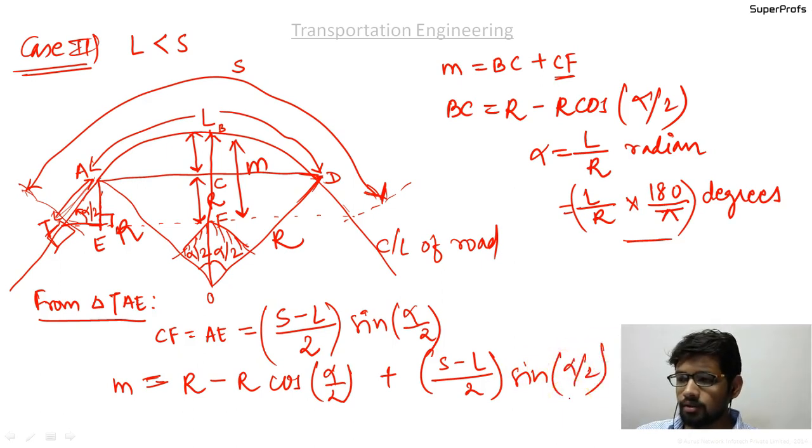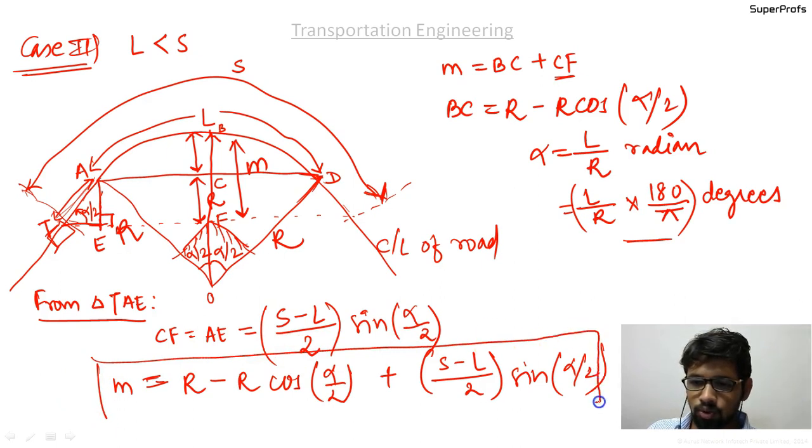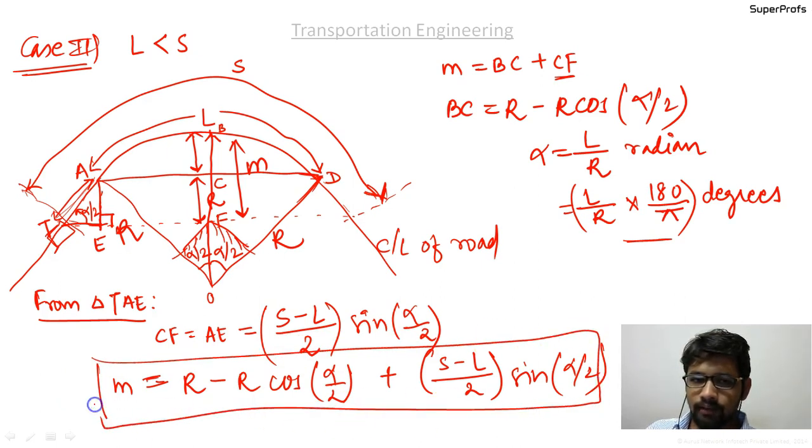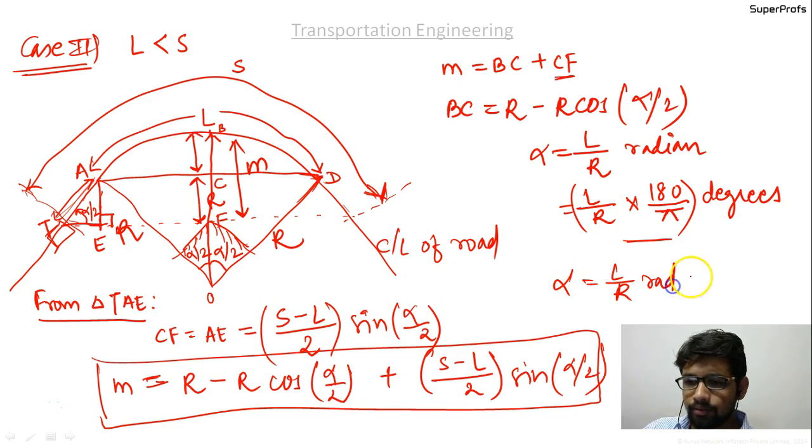So this is the total setback distance in case 2, whenever the length of the curve is less than the minimum required sight distance, and where alpha equals L by R radian, which is equal to L by R into 180 by pi degrees.